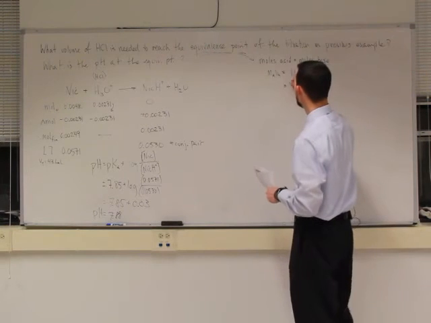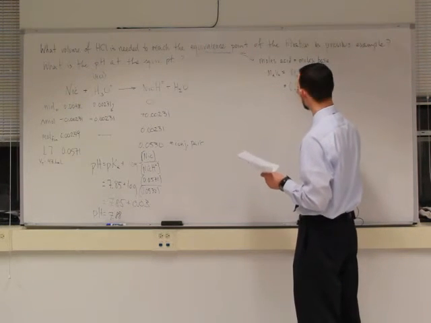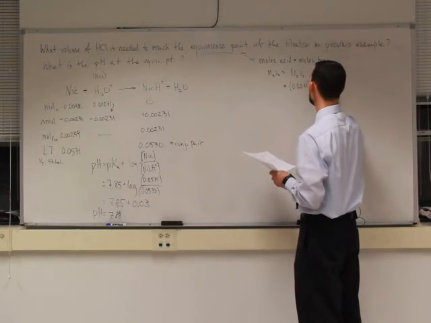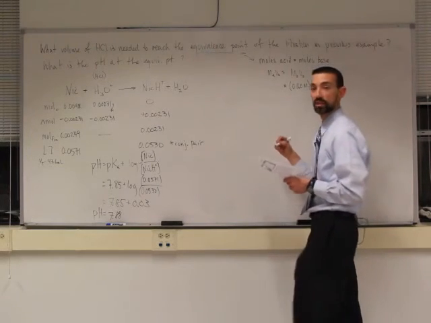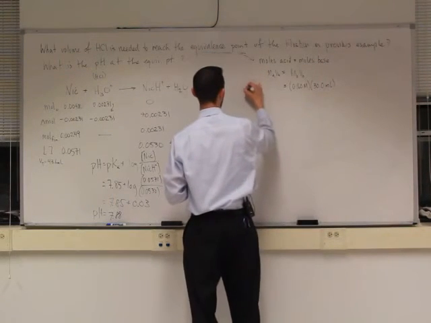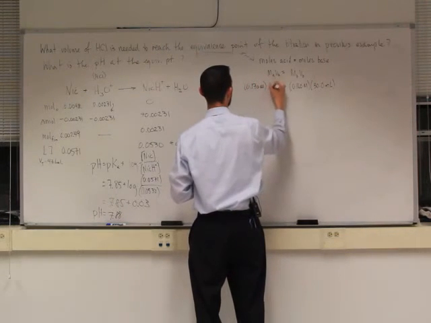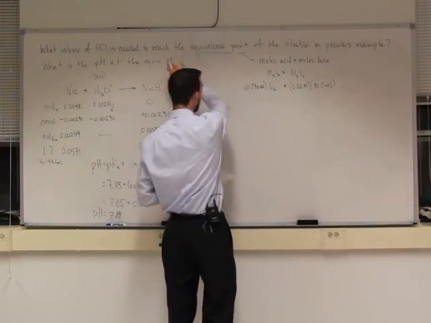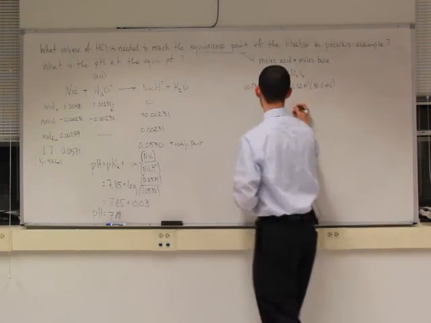Well, we know the molarity of our nicotine base solution. It's 0.160 molar. And we used, in the previous example, I just erased it, 30 milliliters. And the molarity of our acid is 0.17 molar. So therefore, the only unknown is the volume of the acid. That's what we're after. What volume of acid do we need to reach this equivalence point?